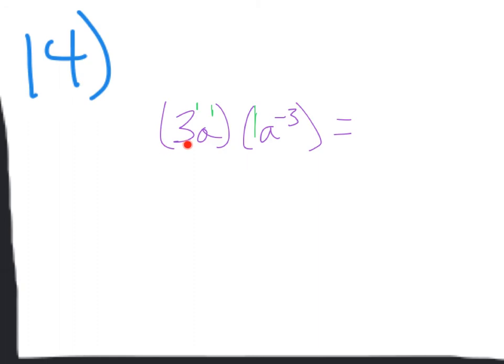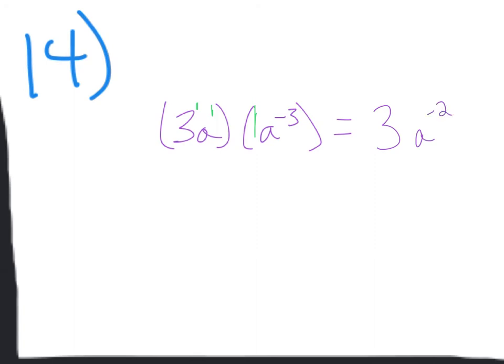So we would do 3 to the 1 times 1 to the 1, which is just 3. And then we're going to multiply a to the 1 power times a to the negative 3 power. Base is the same. Add the exponents. 1 plus negative 3 will get you negative 2. So a to the negative 2.